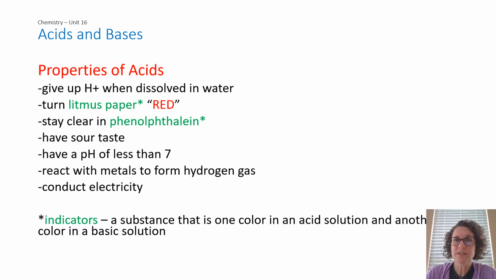By appearance you can't really tell, but with an indicator you can do a real quick test. Litmus paper is the easiest. You just stick a little piece of paper into the liquid. Litmus paper is derived from a certain type of algae and lichen, and it changes colors.